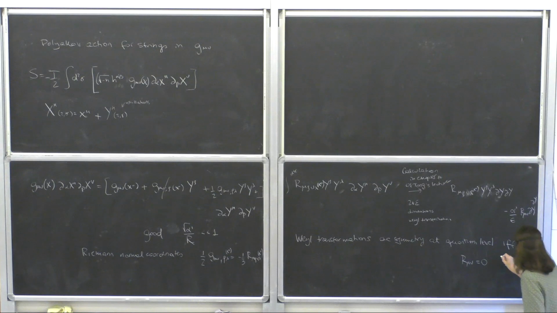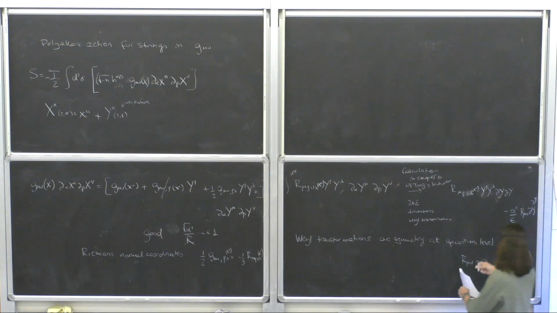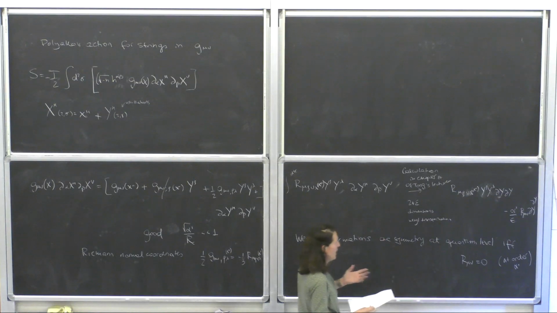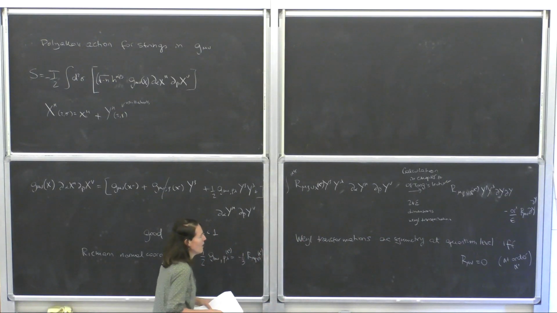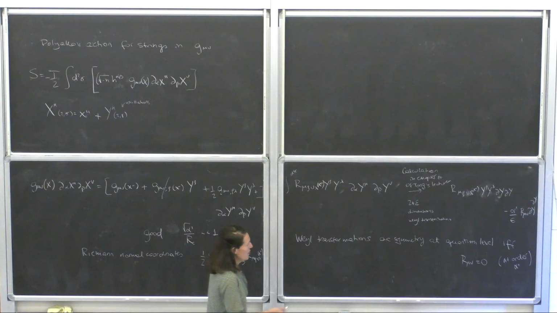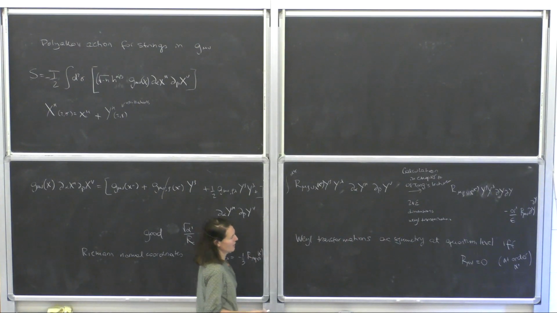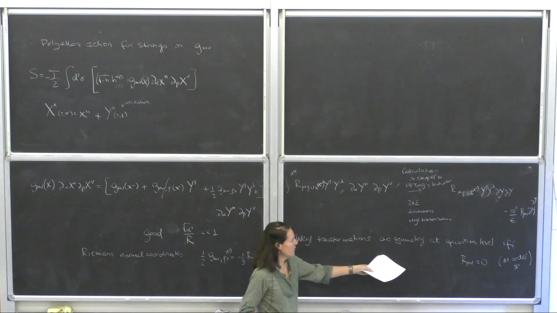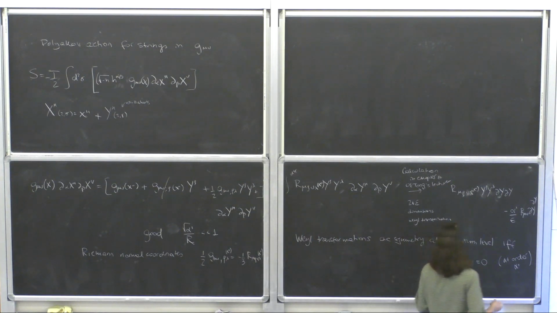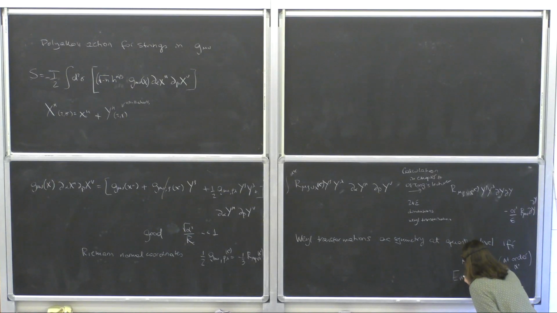And this is at order α prime. If you go to higher orders, you get some α prime squared corrections with derivatives. And this is an equation for the space-time metric. Actually, this is Einstein's equation if you don't have an energy-momentum tensor. So we are recovering Einstein's equations.